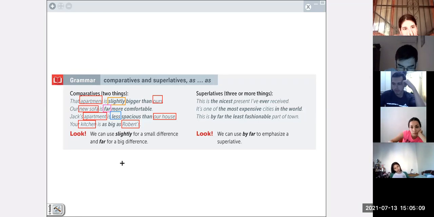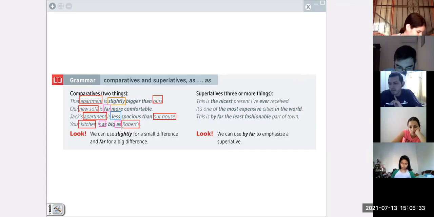Pero less es lo opuesto, menos espacioso que. More, más espacioso que. ¿Ok? Entonces, en este caso es menos espacioso que. Y luego utilizamos aquí as, que significa the same. The same. Very good.